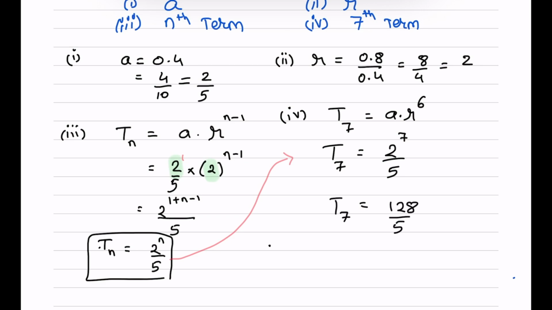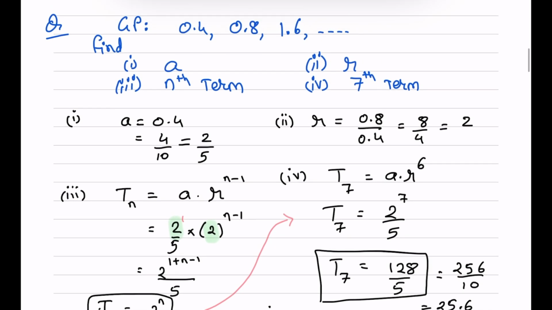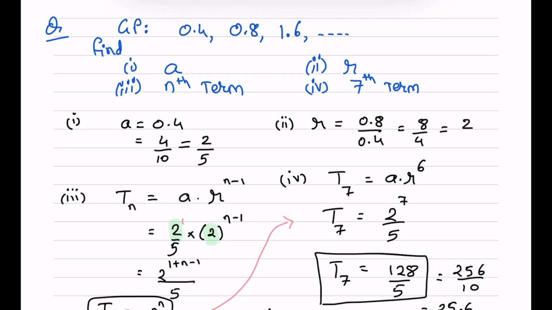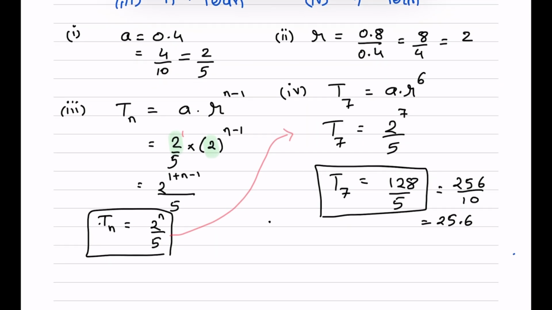So the seventh term for this geometric progression is 128 upon 5, which can also be written as 256 upon 10, that is 25.6. Since the geometric progression given was in decimal numbers, we have converted the seventh term also into decimal form.